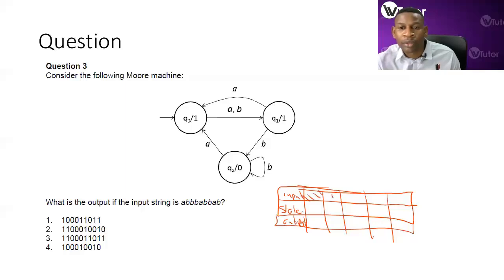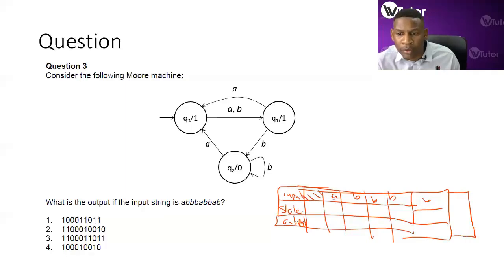We've got A, B, B, B. A, B, B. A and 3 B's, A and 4 B's. And so we've got a long one, A, 4 B's, A, 3 B's.